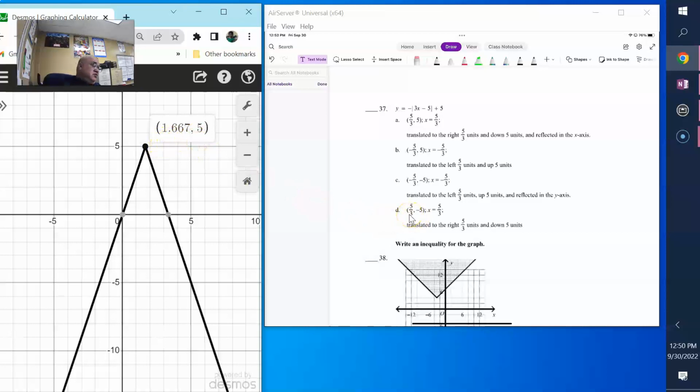So you know that the answer will not be D. You know that the answer will not be C. And you know that the answer isn't negative 5 over 3. So your answer is A. So it's translated to the right 5/3 units, which is what we did here, and down.